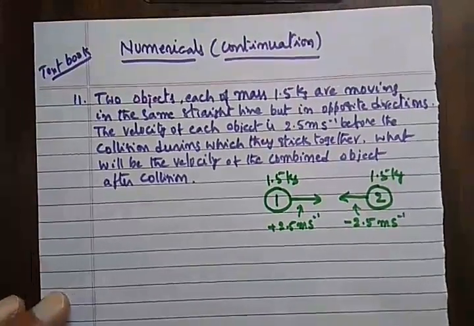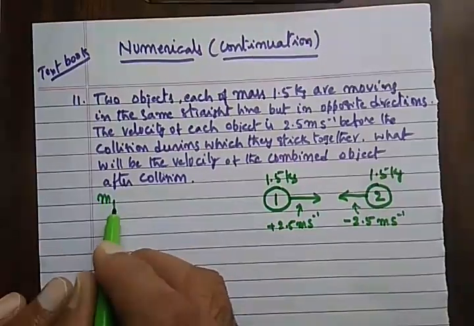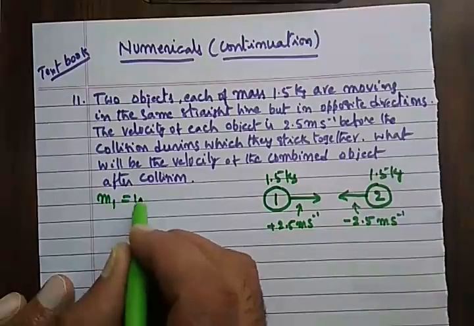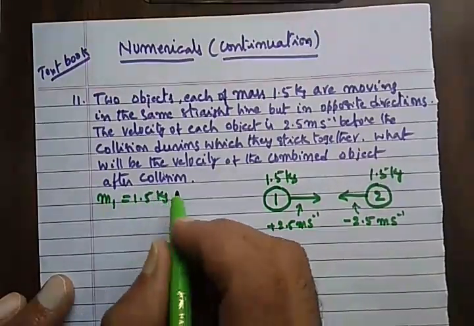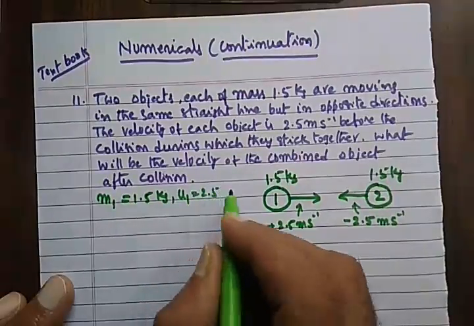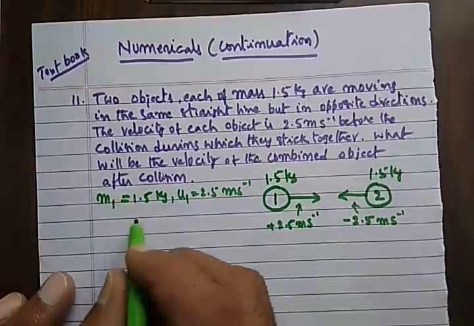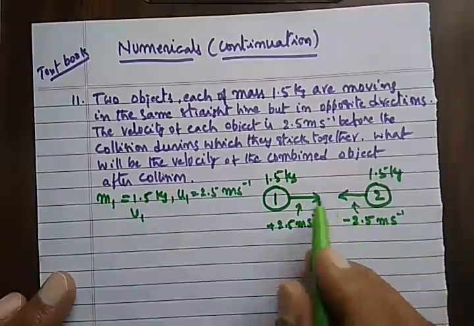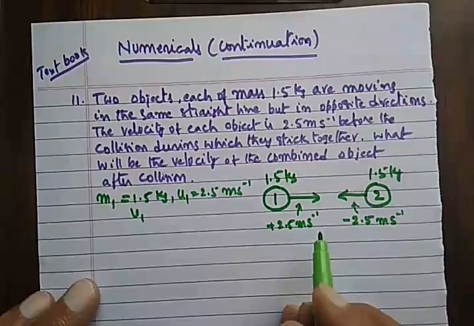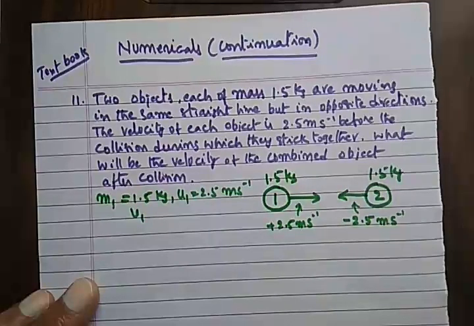So now I will write the given values. Mass of this object, M1, is 1.5 kg and U1, the velocity, is 2.5 meters per second. And V1, after they stick together, will be traveling with some velocity, let us assume first.